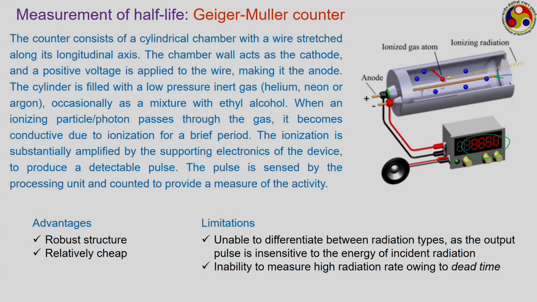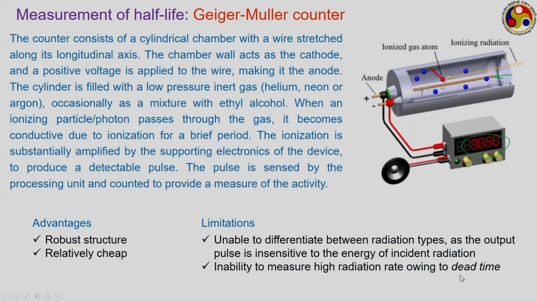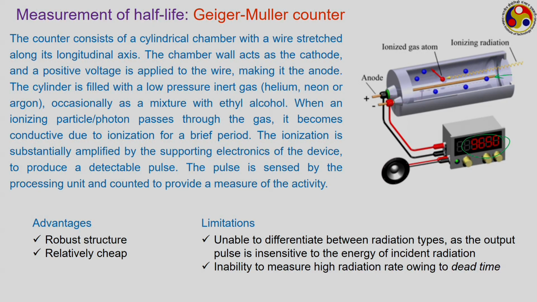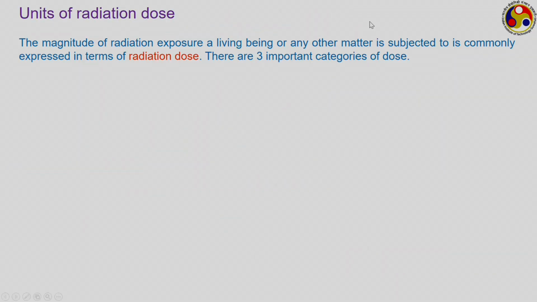It can just sense whether there is energy coming in or not, but what is the magnitude of energy, or what is the characteristic or source of that energy, it does not give any idea. Also, owing to its own dead time, that is the minimum time it requires between two successive readings, it also can't measure very high rates of radiation. Still, this particular counter is the most common device for measurement of radiation, particularly nuclear radiation.